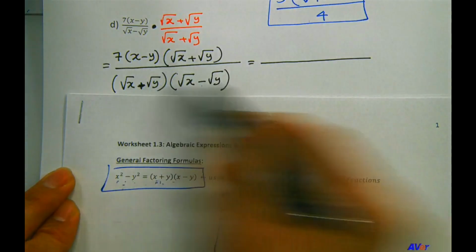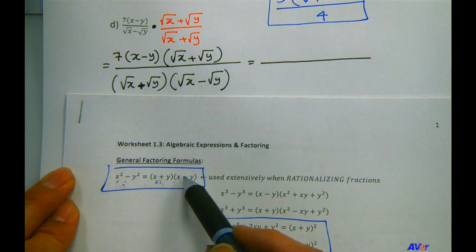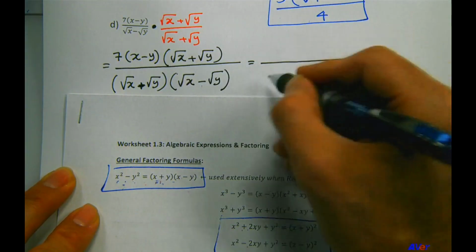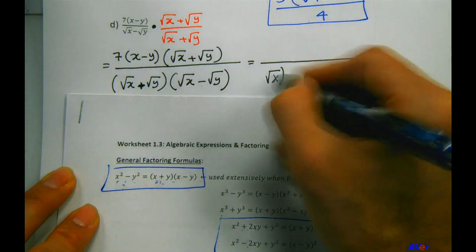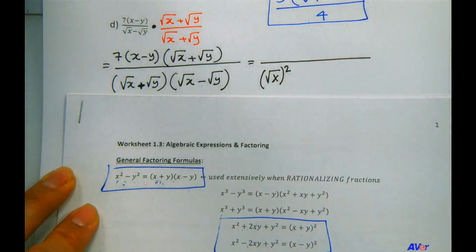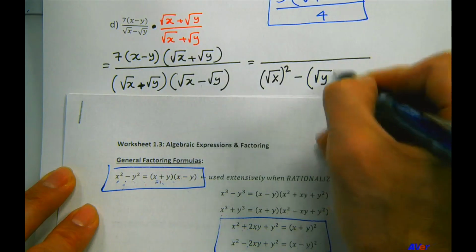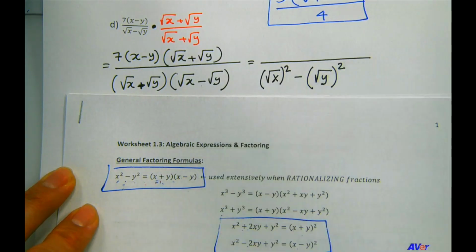Compare this denominator with this, and watch what I write. Then square root of x squared minus square root of y squared.